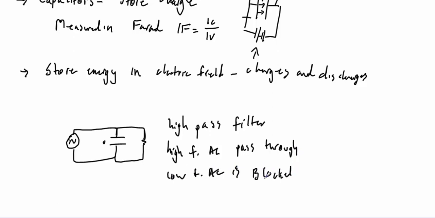This is a very simple circuit, but because it takes time for these plates to charge and discharge, with very rapid changes it's going to pull electrons from one side and push them to the other, and there's not going to be a very big voltage built up before it reverses and goes the other way. But slowly, a big voltage can build up enough to oppose that, and so low frequency doesn't go through.